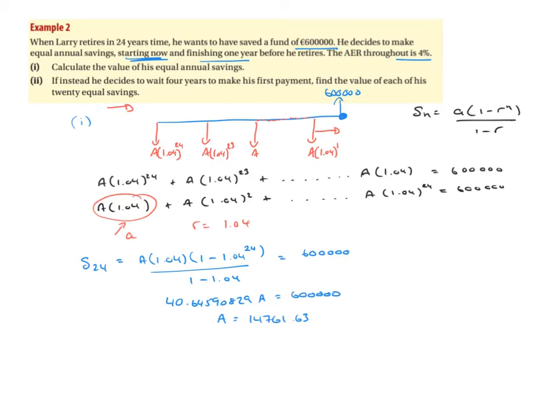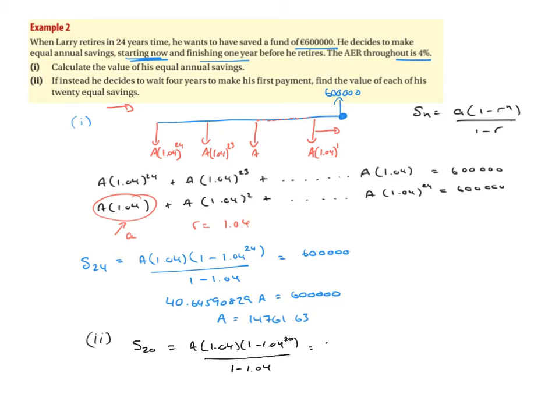Okay, part 2. If he waits 4 years, well, this is pretty much the same problem as what we just had. Instead of working out S of 24, we're going to work out S of 20. All of this is exactly the same. So we're going to end up with S of 20 is equal to A by 1.04 by 1 minus 1.04, but this time to the power of 20, all over 1 minus 1.04.